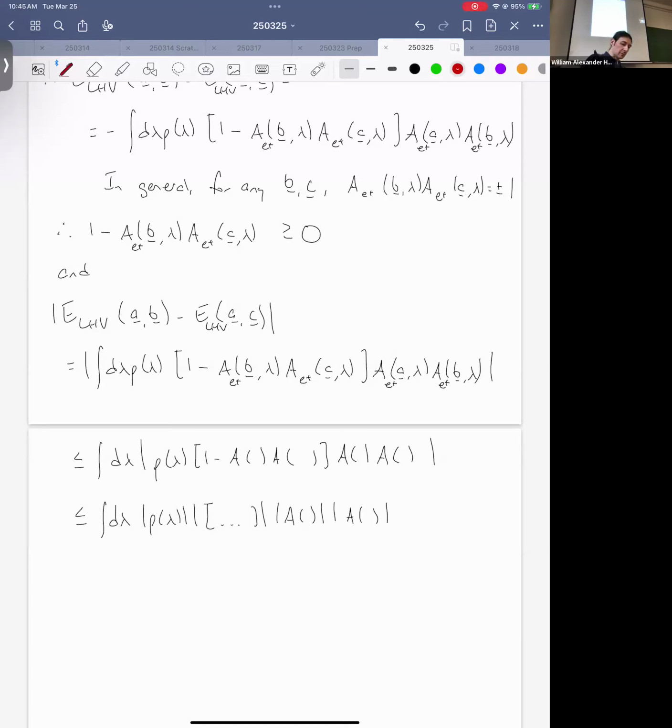The a's are plus or minus 1, the rho is greater than or equal to 0, and the 1 minus a is greater than or equal to 0.